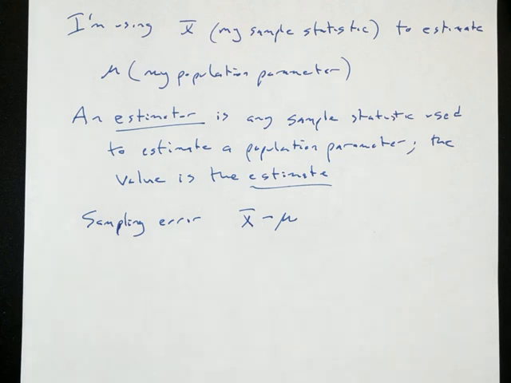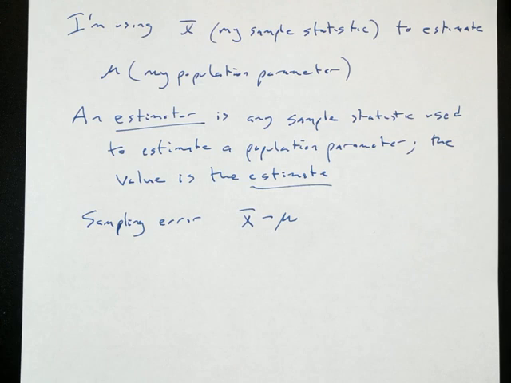So things like using X bar to estimate mu, like using S to estimate sigma, standard deviation to estimate population deviation. Using the number of times something happens in my experiment to estimate the chance of it happening.